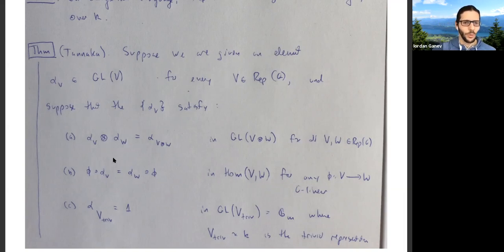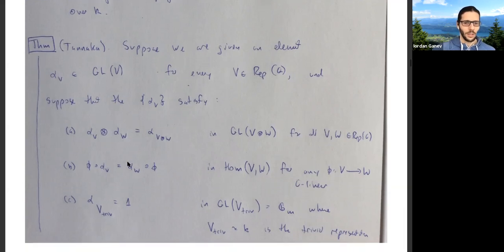First of all, if we take the tensor product of two of them, alpha V and alpha W, then we get something that lives in GL of V tensor W, and we want it to be exactly alpha V tensor W, because we know this is a representation of G, so it must have its own alpha, and that alpha is just given by the tensor product of these two alphas.